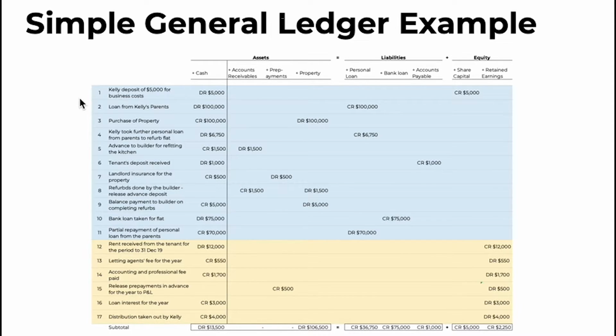So you have a positive $5,000 on your left hand side, and then you have a positive $5,000 on your right hand side, making the accounting equation balance.